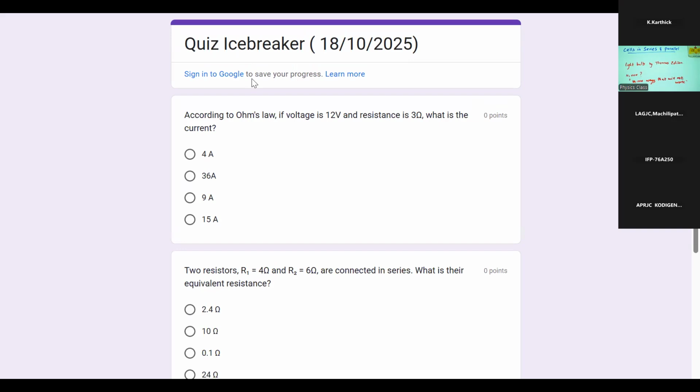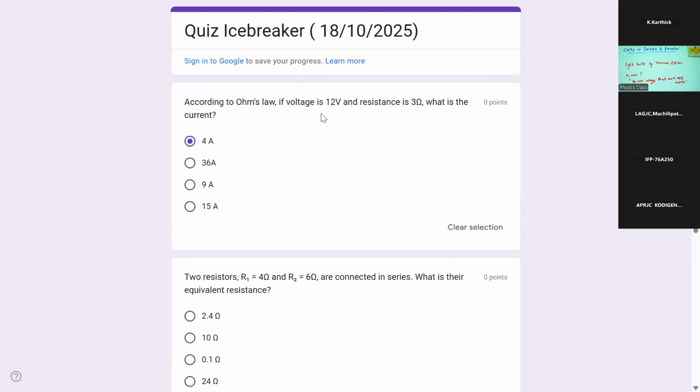Very, very simple one. Please remember Ohm's law: V, I, and R. The Ohm's law relates the three important quantities V, I, and R. Okay, good. Option 1.